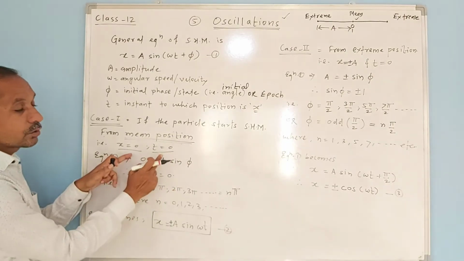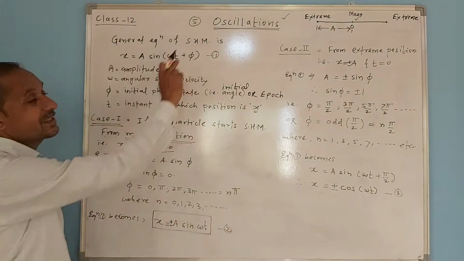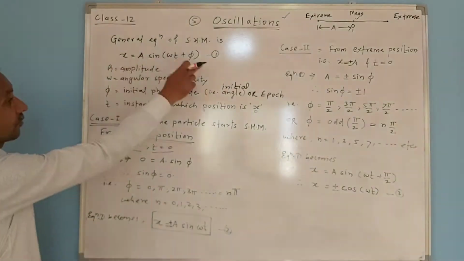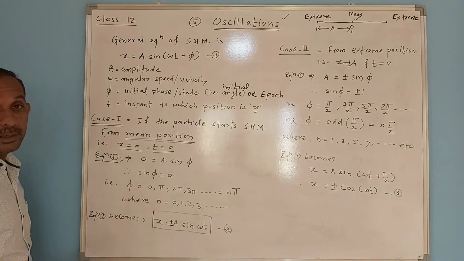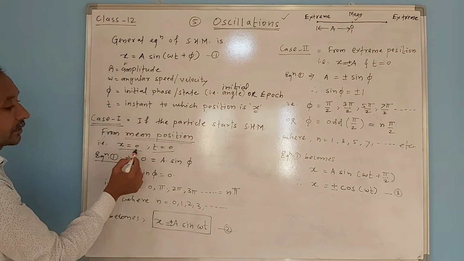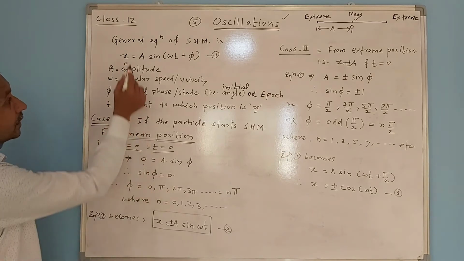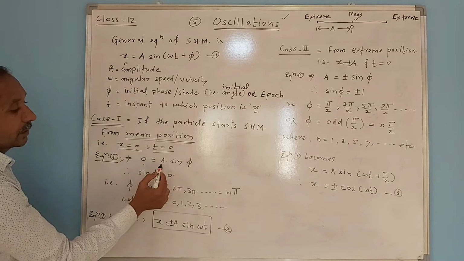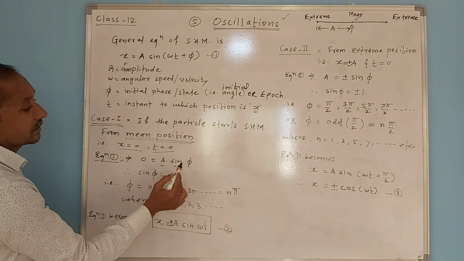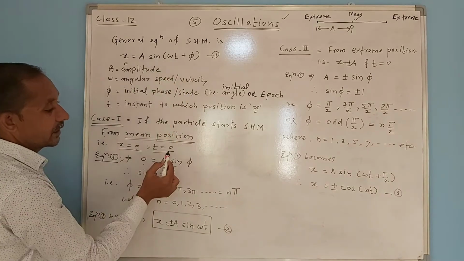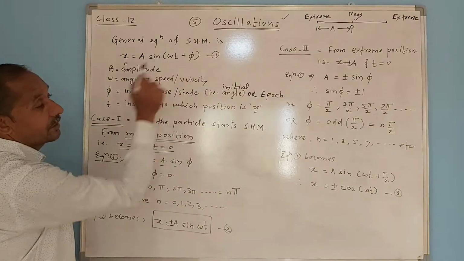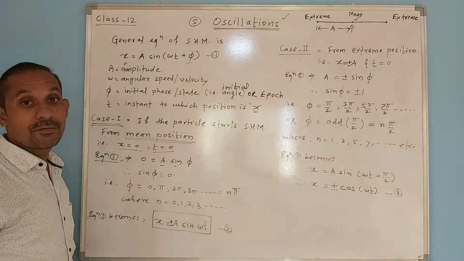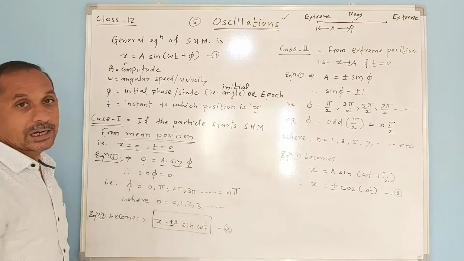Placing these two pieces of information in equation 1, the equation becomes 0 equals amplitude A sine of omega t plus phi. Since t is 0, omega t will be 0, and the only remaining factor is phi.